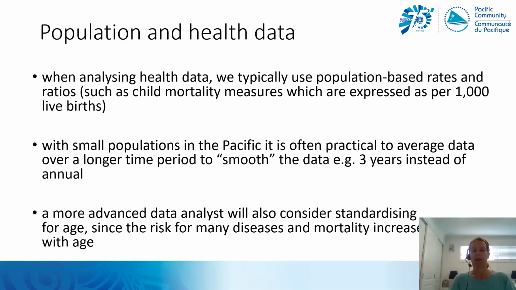And as you get more advanced in using health data, there's also another technique called standardization, and that's where we actually account for the age pattern in the population, because we know, unfortunately, with increasing age, the risk of illness and, unfortunately, of death increases.